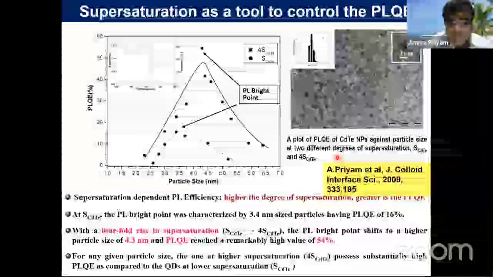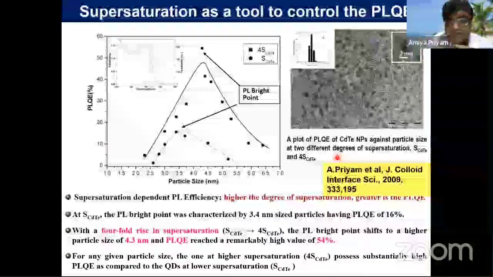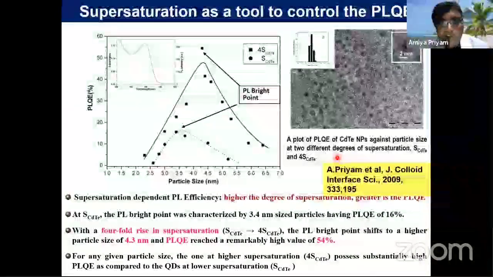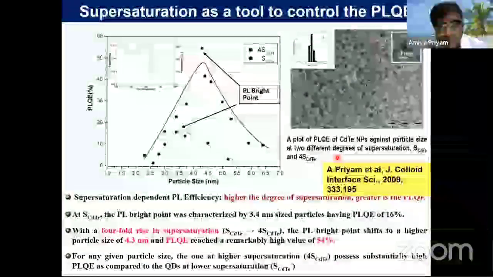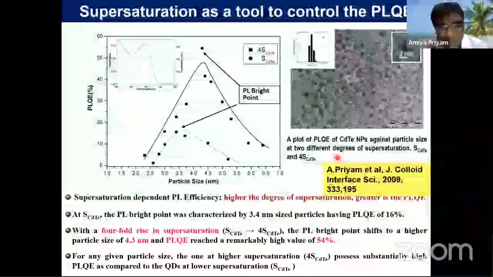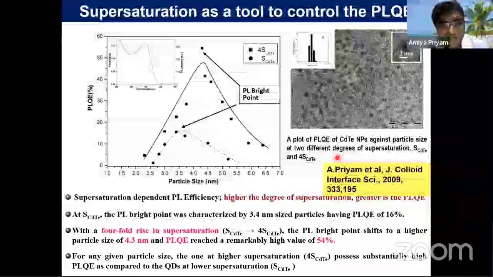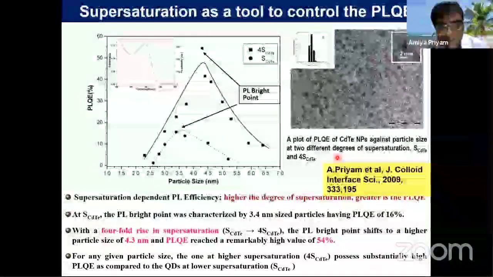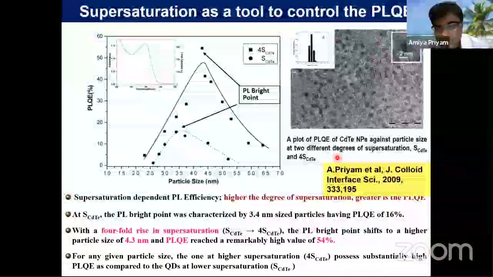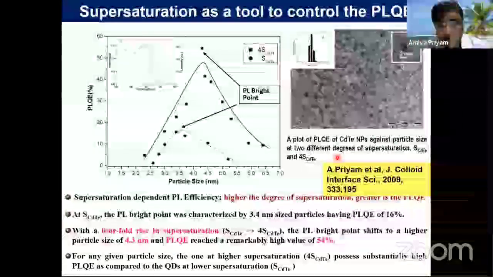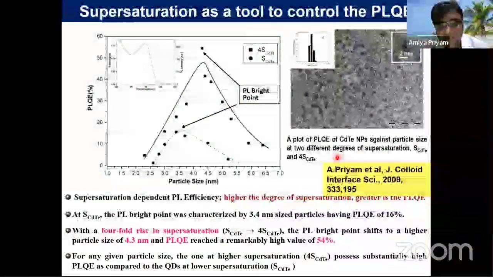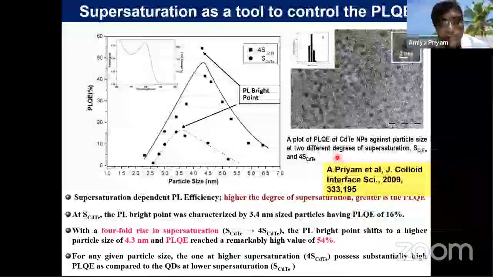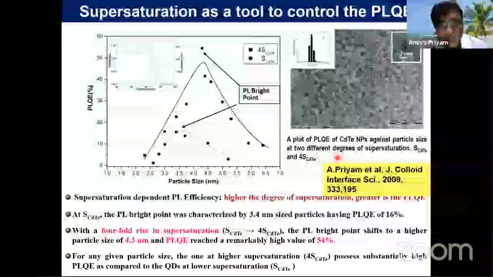We evolved a new way of improving this quantum yield without overcoating of a higher bandgap material, and that is called the supersaturation controlled approach, in which remember there are three essential features of a growth process. When a nanocrystal forms from solution phase, there is supersaturation, nucleation, and the crystal growth.